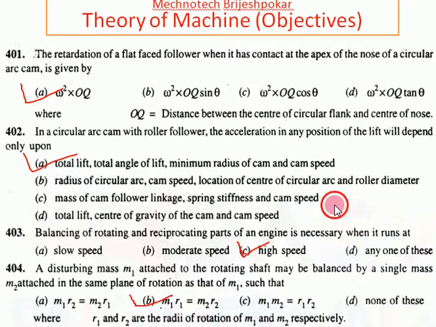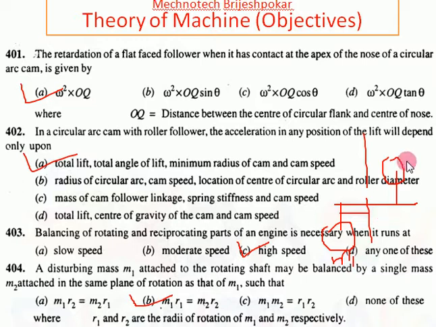Here we have a reference plane, this is R1 and this is M1, and this is M2 and this is R2. So M1 R1 should be equal to M2 R2.